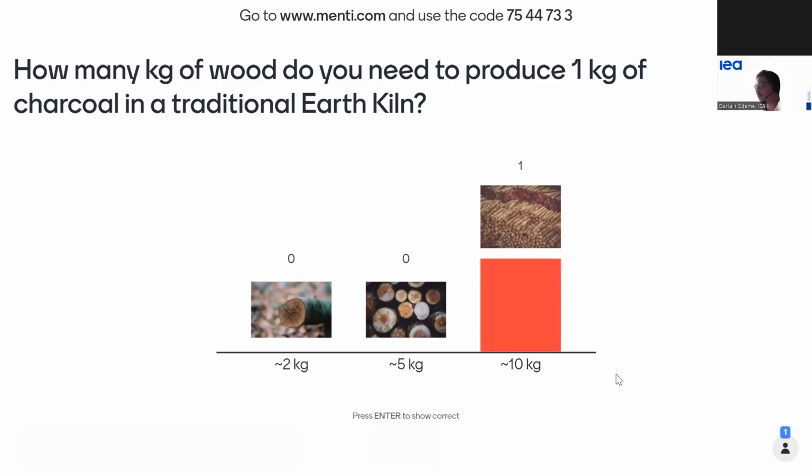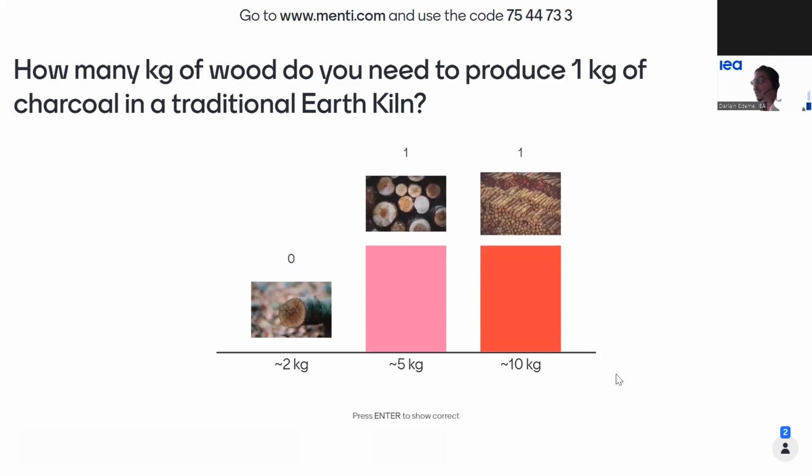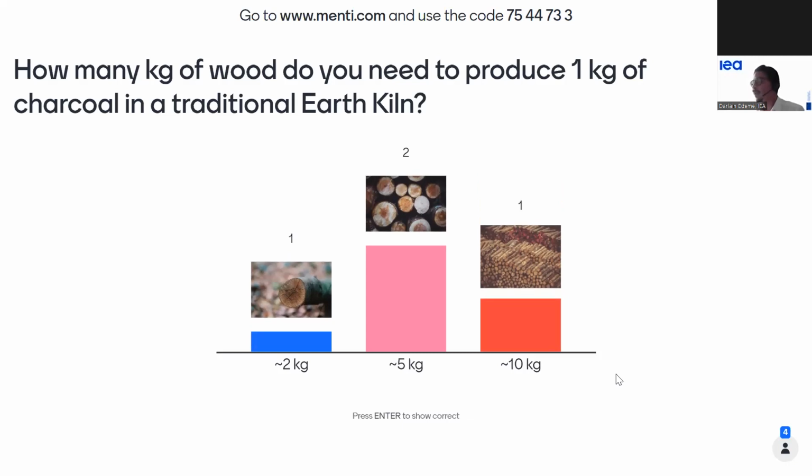So I will wait a bit. I already see some answers, so it means that some of you were able to connect. You see two answers. Okay, three, perfect.